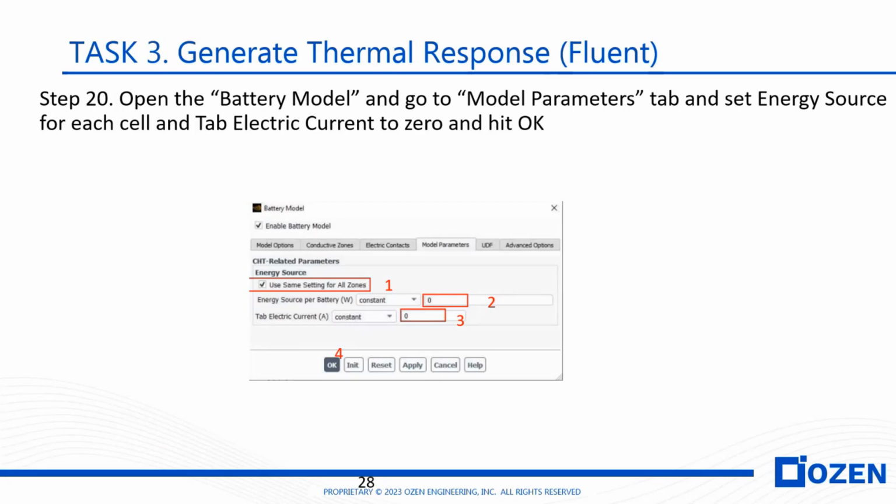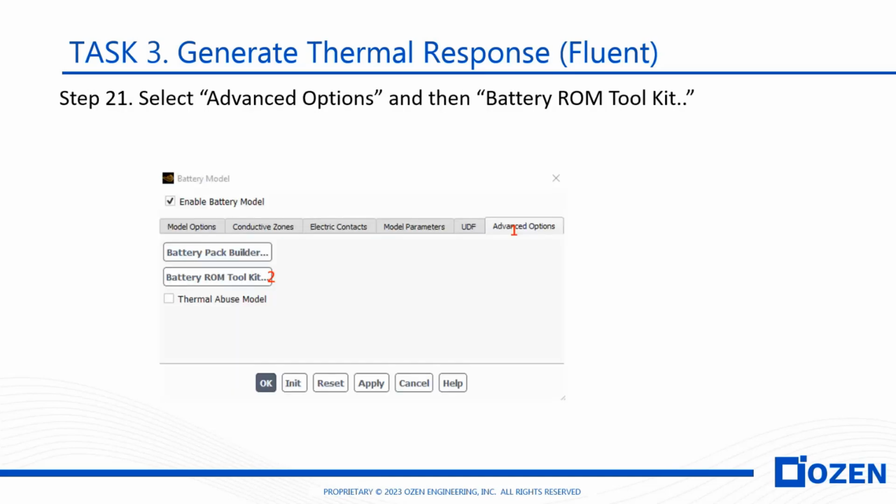So for this step, we go back to our battery model, and we start setting the model parameters to 0, because these are all going to be controlled by the process. And then we go to advanced options, the last tab. And then here you have 2 buttons to make life easy. The one we're going to use is the battery RAM Toolkit.